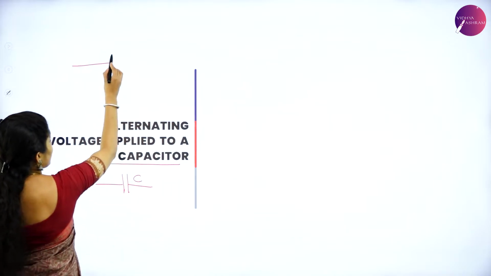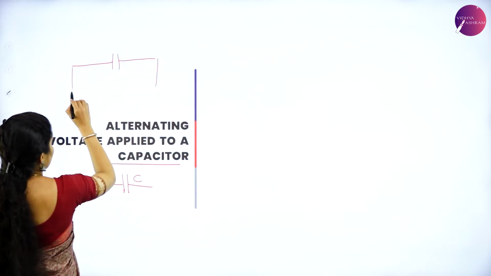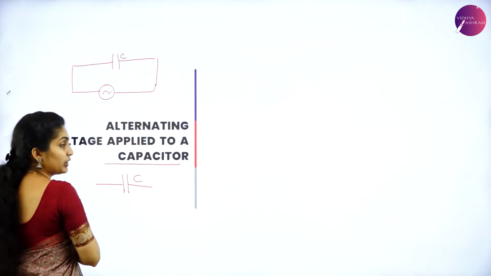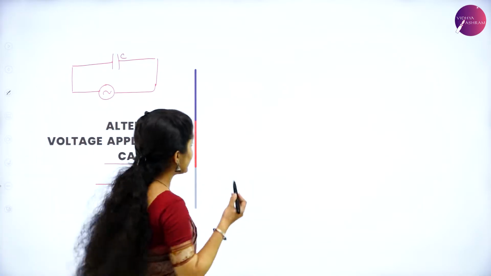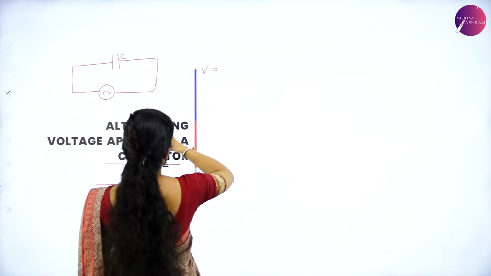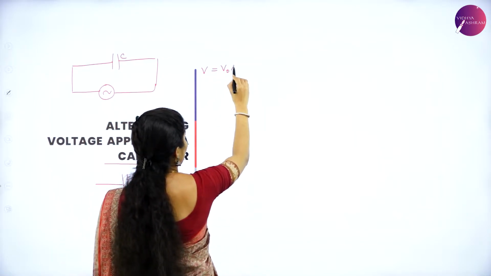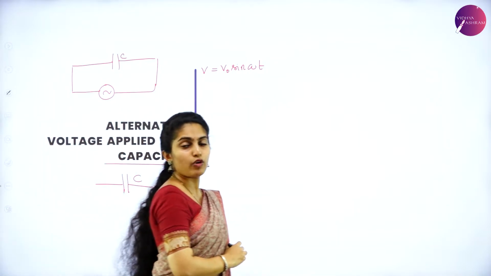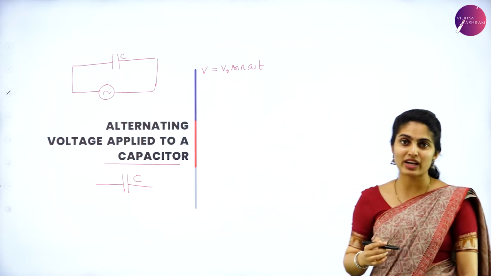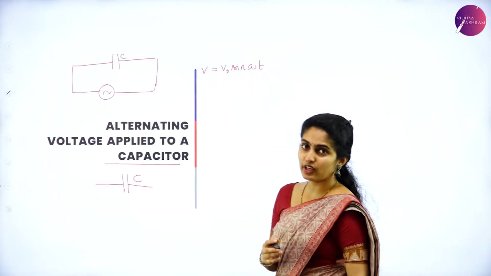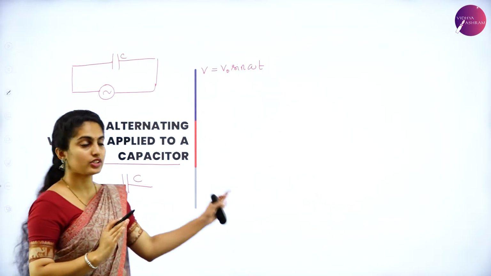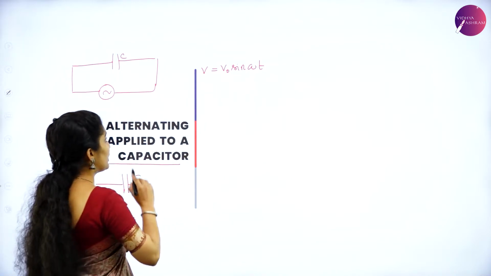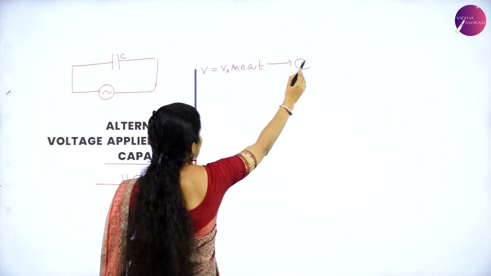When an alternating voltage is applied to a capacitor, which means we are connecting the AC source to the capacitor, the voltage is represented as V is equal to V naught sine omega t, where V is the instantaneous value of the voltage, V naught is the peak value of the voltage, omega is the angular frequency, and t is the respective time. Consider this as equation 1.